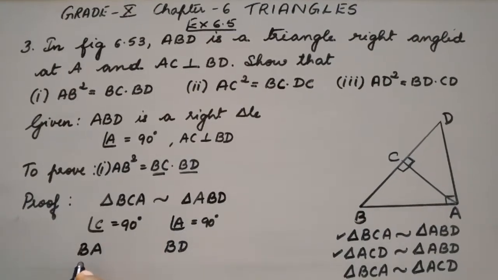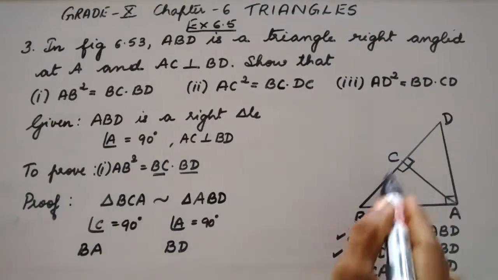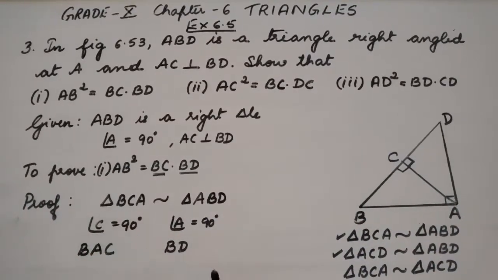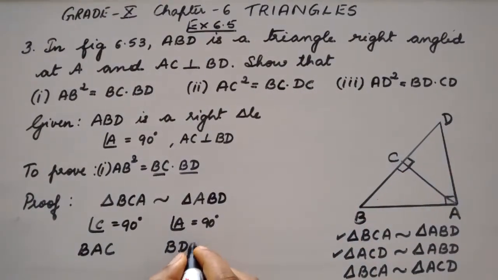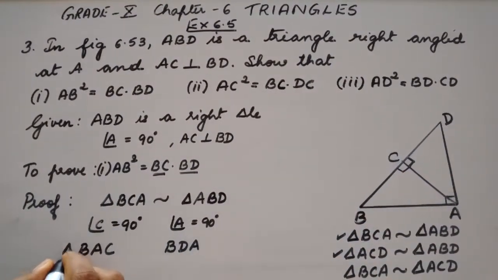So which is the remaining vertex in triangle BCA? It is C. And which is the remaining vertex in triangle ABD? It is A. So this is triangle BAC and triangle BDA. So they are similar to each other. Triangle BAC is similar to triangle BDA. These triangles and these triangles are one and the same. But why did I write in this form?